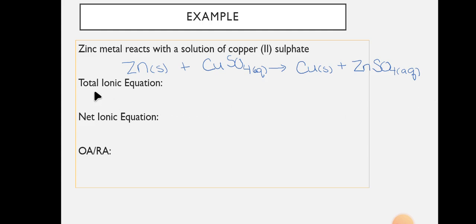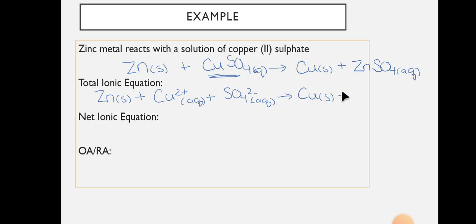So now for your total ionic equation, we're going to start to break up what we can. You can break up the copper sulfate into copper 2 positive and your sulfate ion, SO4 2 negative. And then on the right-hand side, your product side, you have copper solid, and then you can break apart your zinc sulfate into its ions.